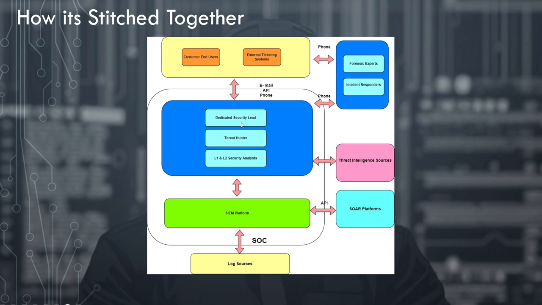Now, with incidents which get allocated incident responders, sometimes incident responders will need to lean on forensic experts to find the root cause. Forensic experts are really smart people who will find out how a breach happened with the available amount of proof they have.